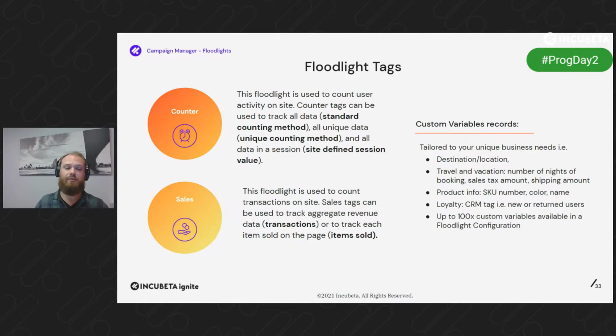And then generally, in any environment, the counter tag is important to track things like button clicks or page views, anything along those lines. Anything that's trackable, or any call to action on a website or any activity can be tracked with a counter floodlight, as well as floodlight activities that are then implemented in Google Tag Manager.